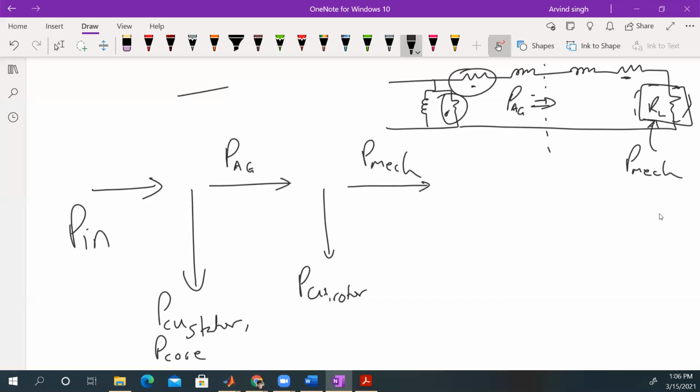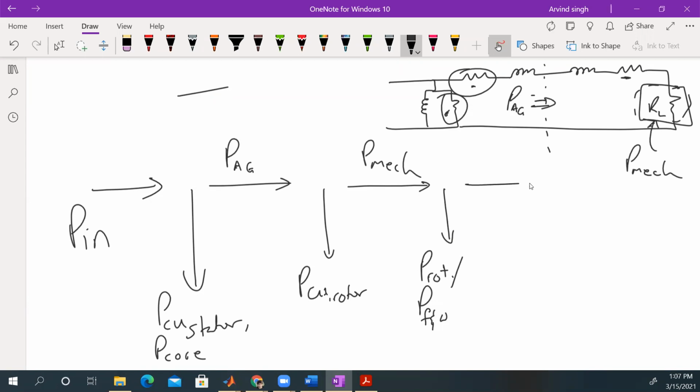So the motor can't distinguish these things. So you're going to have some losses here, which are what we call the rotational losses, or the friction and windage losses, right? We use these interchangeably, but essentially it means the power that goes into moving the mass of the rotor itself, right?